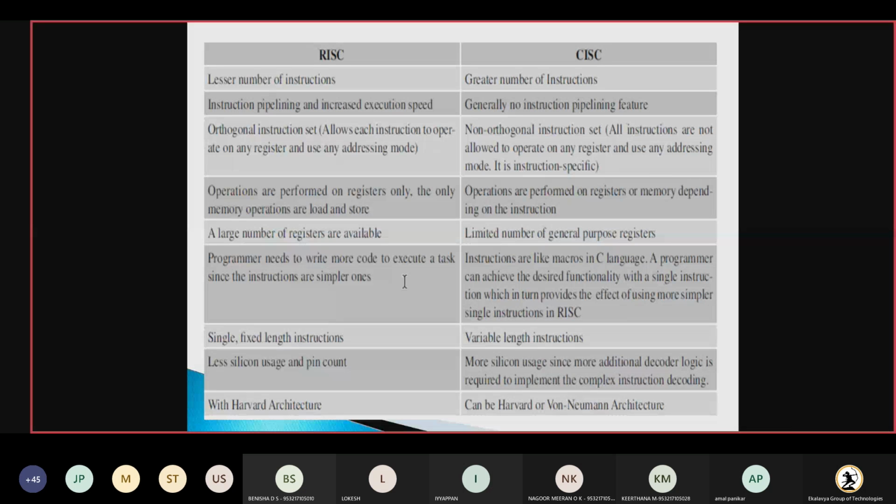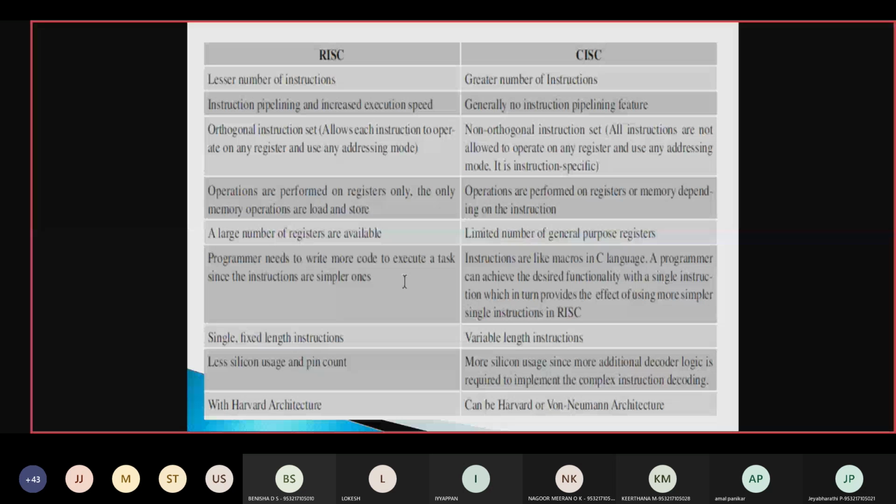For every logical and arithmetic operation, we must use this accumulator, and only then the results will be stored in the accumulator. That's called a non-orthogonal instruction set, which has restrictions. We need to use these types of addressing modes only, and these types of registers only. Like that we have it in CISC.